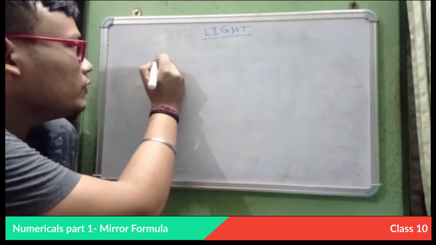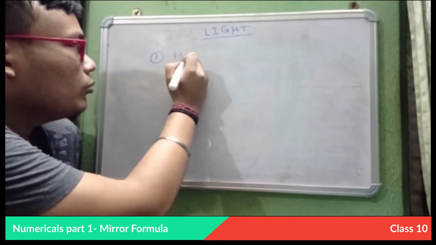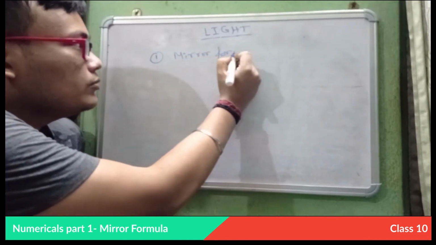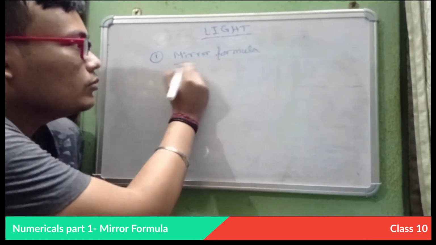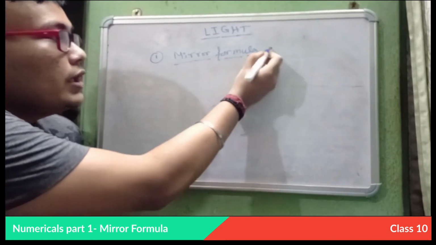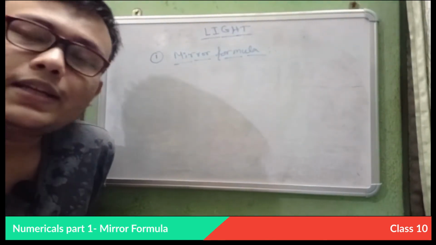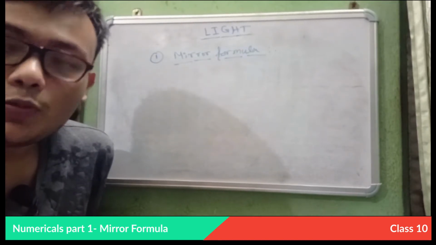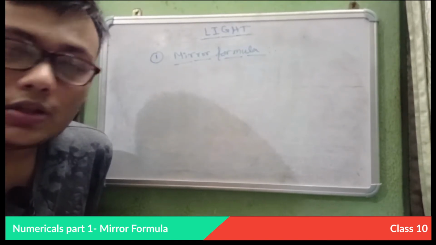The first formula is known as the mirror formula. The mirror formula is basically a relationship between the image distance, the object distance, and the focal length.